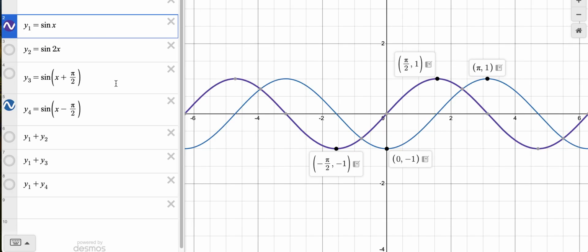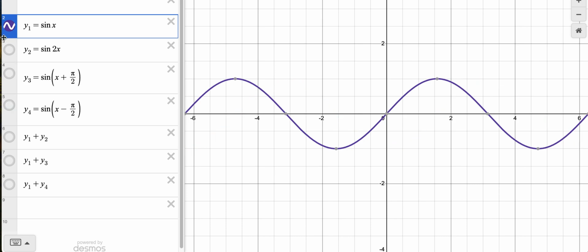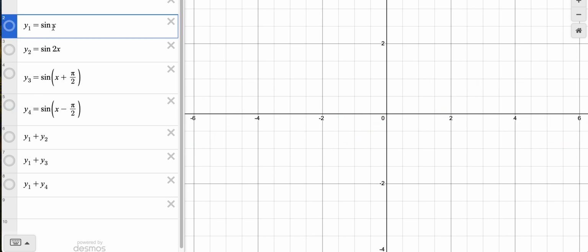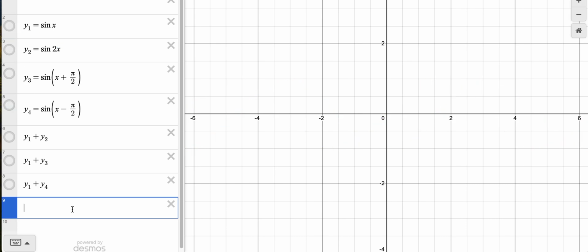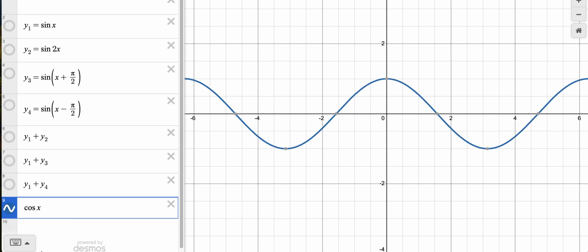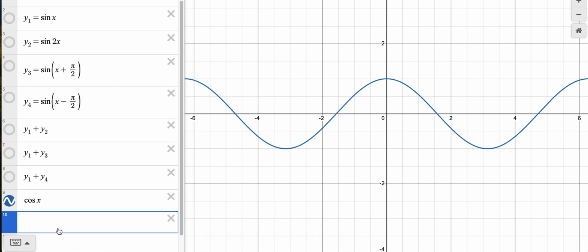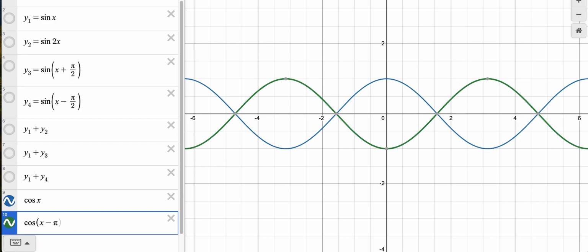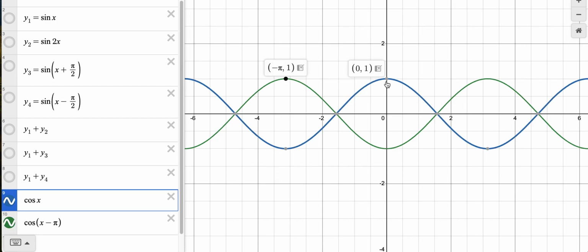Okay, if you want to see how a cos function looks like with respect to a sine, so instead of a sine function, I can graph a cos function for you. That's a cos, and I can have a cos with a phase difference. Okay, so these are two cos functions with a phase difference.